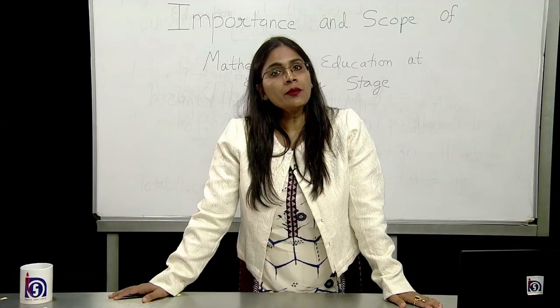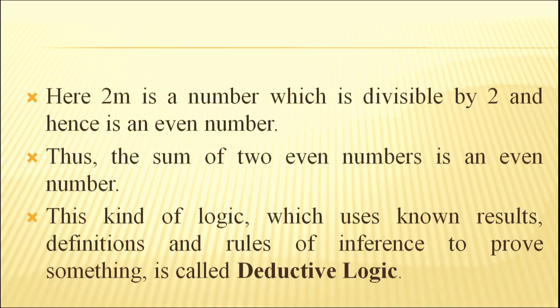Here 2m is a number which is divisible by 2 and hence is an even number. Thus, the sum of two even numbers is an even number. This kind of logic, which uses known results, definitions and rules of inference to prove something, is called deductive logic.